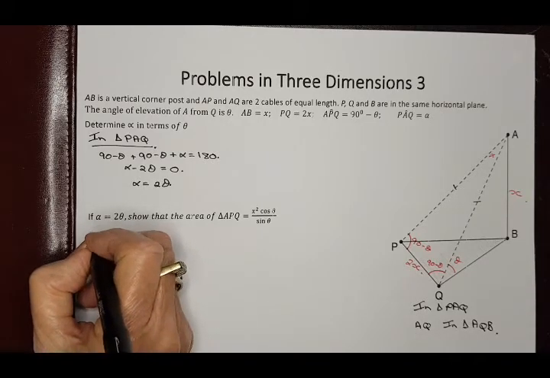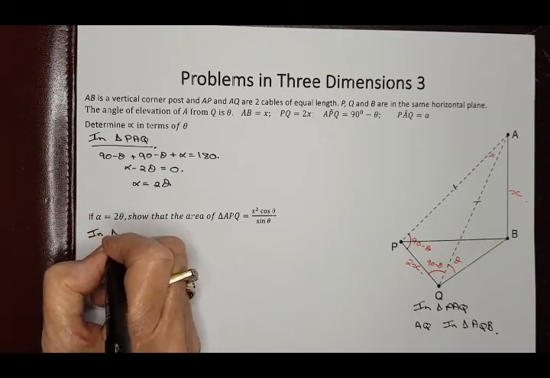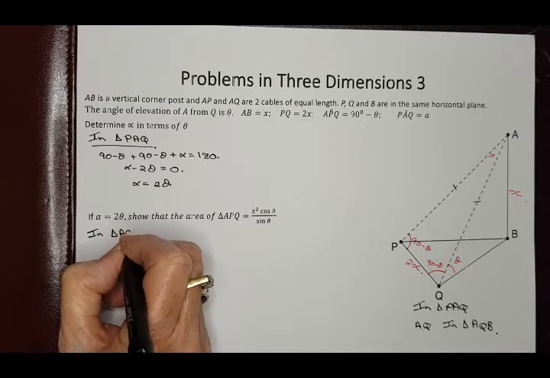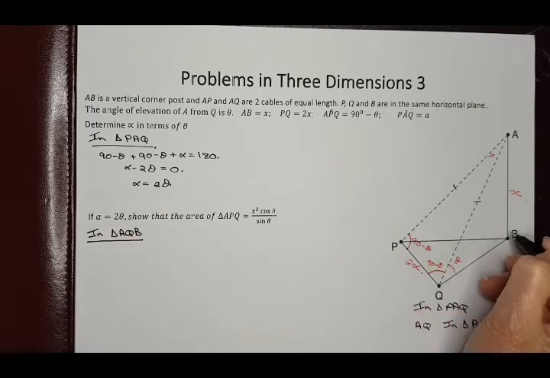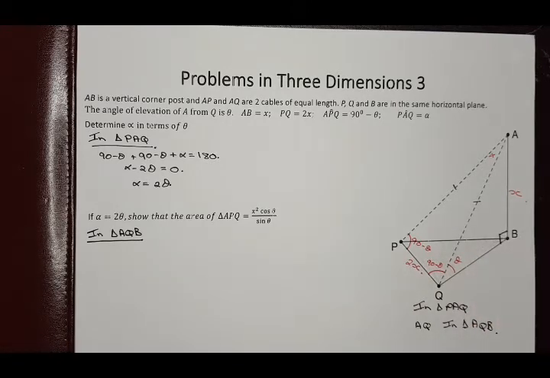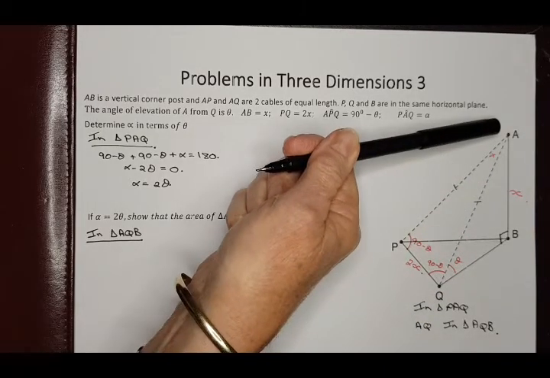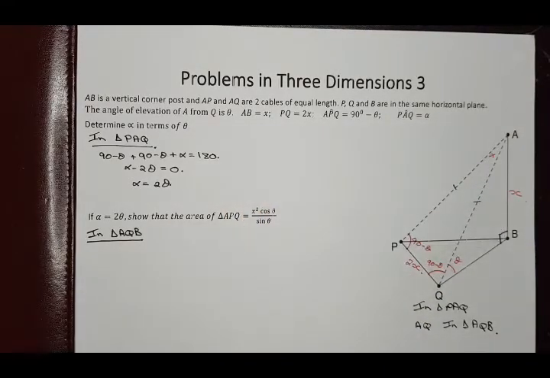So to start with, in triangle AQB, what kind of triangle is it? It is a right-angled triangle. I'm looking for the hypotenuse. I have the opposite.